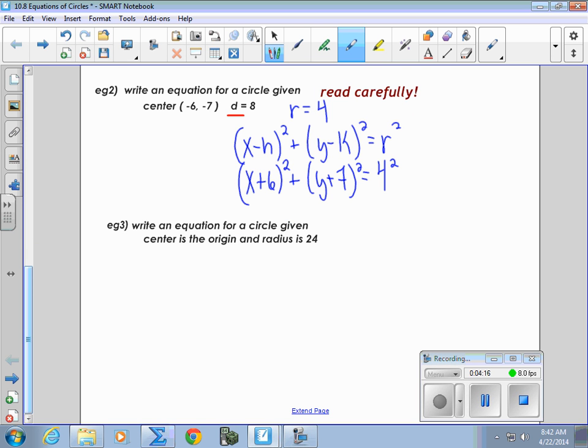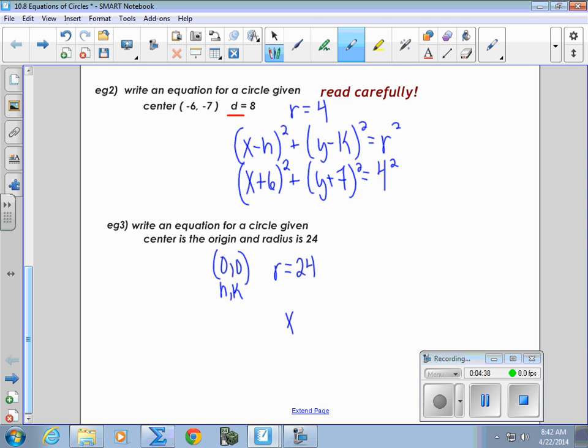Example number 3 says, write an equation for a circle given the center is the origin and the radius is equal to 24. Well, everybody knows that the origin is at (0, 0), and they gave you the radius is 24. So we know that this is h and k.